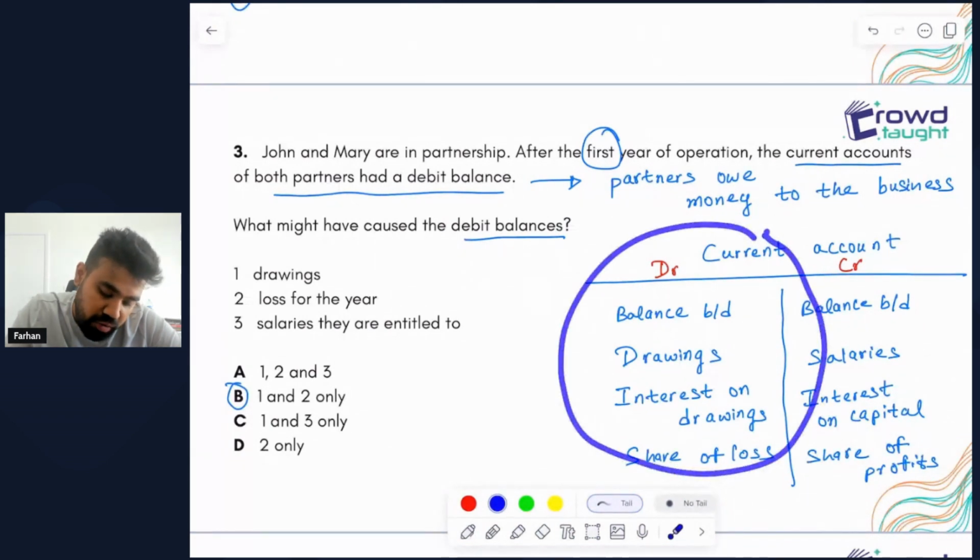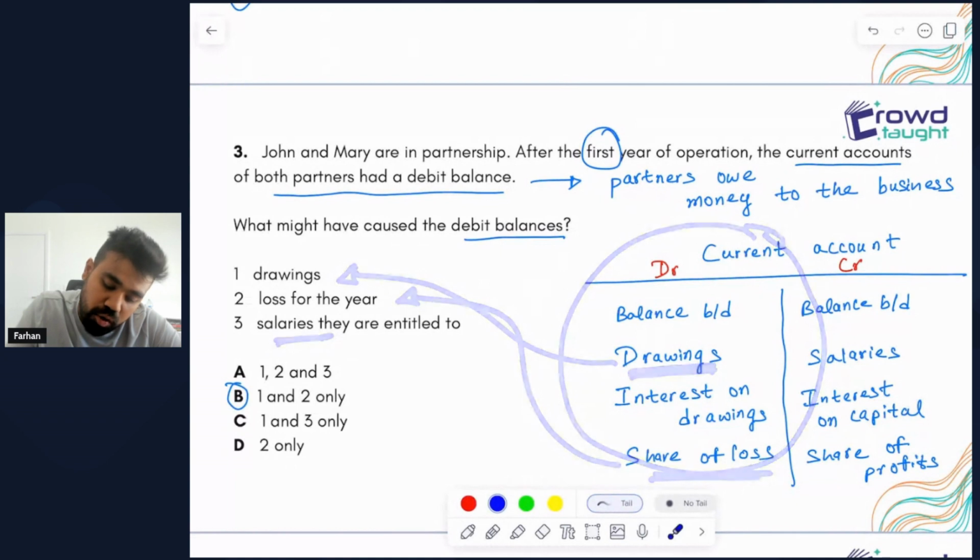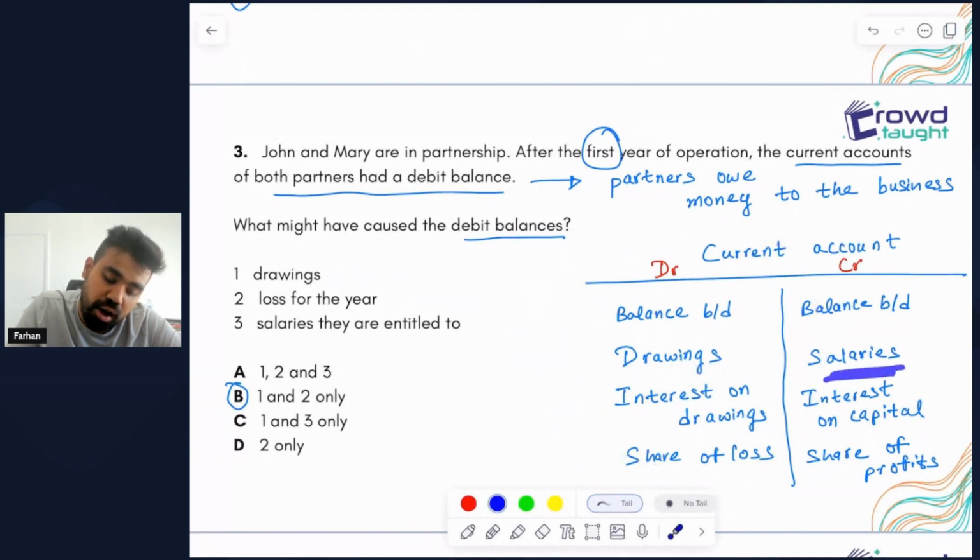We see on the debit side, we have been given the drawings, which is option number 1. We also have losses, which is option number 2. Salaries act as a contribution and increase equity, which is what is shown on the credit side. Therefore, the correct option to select in this case is option number 1 and 2, which fits in B. So 1 and 2 only.